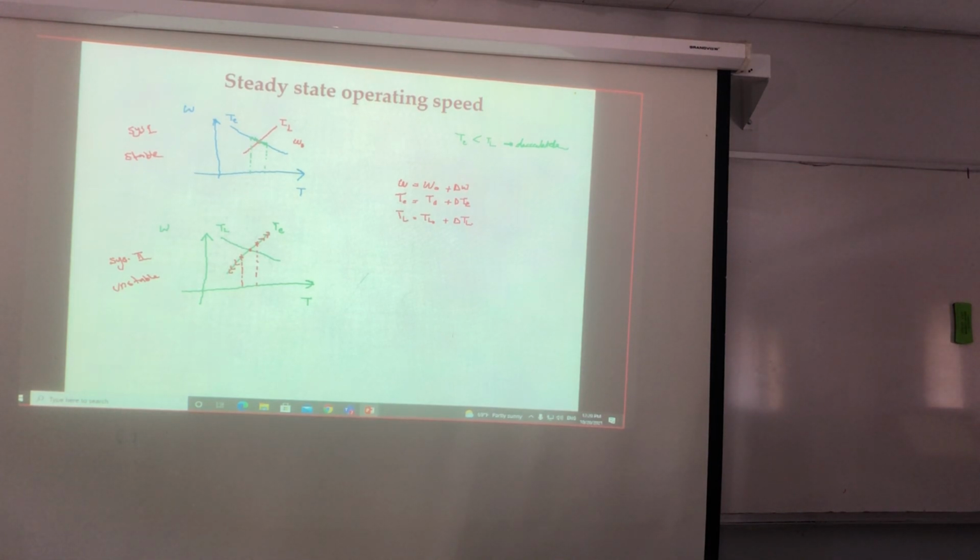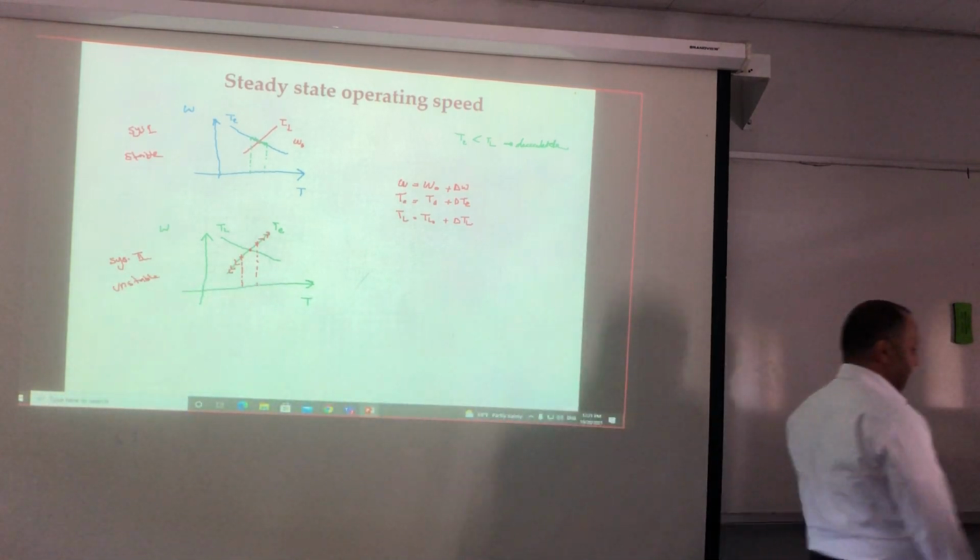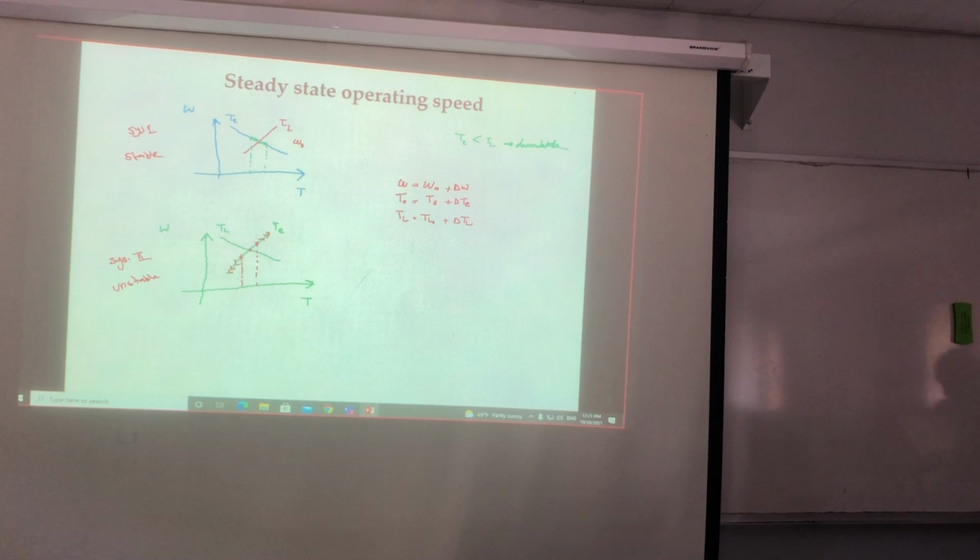The swing equation: J d omega by dt equals TE minus TL.